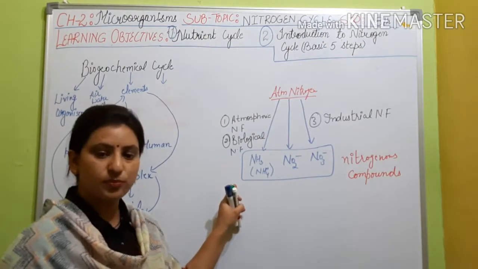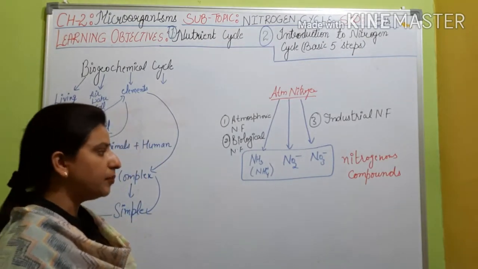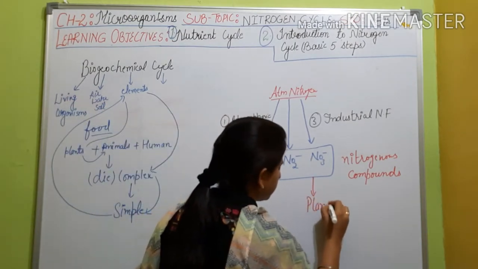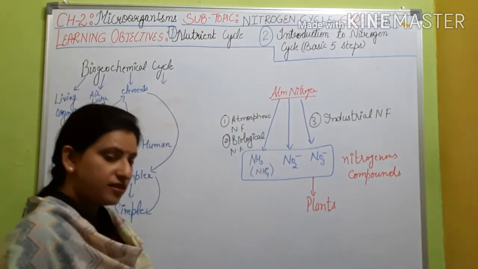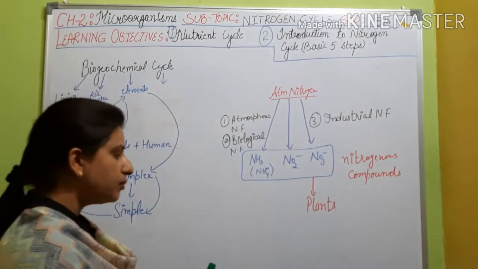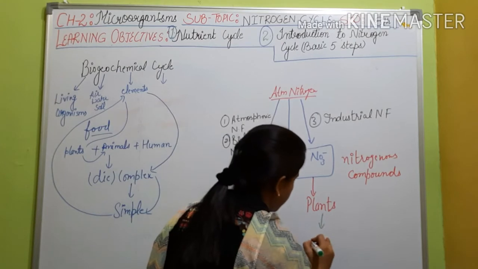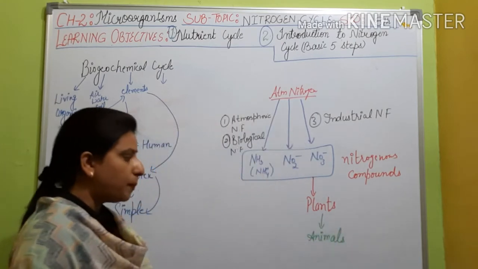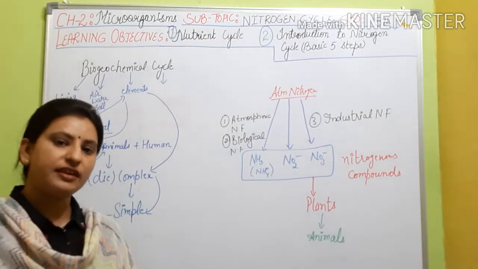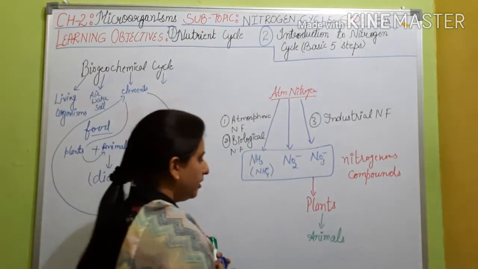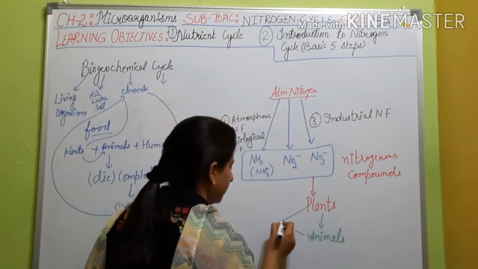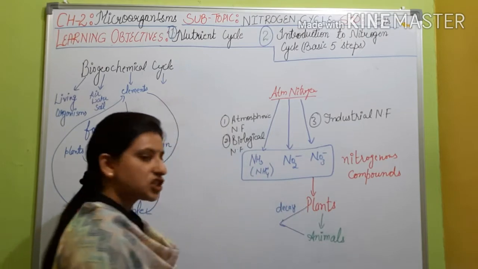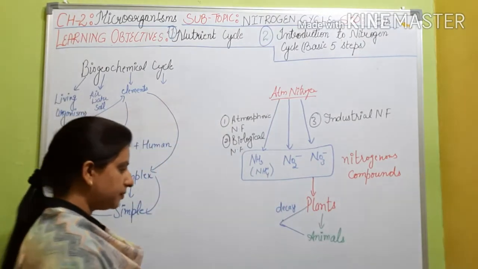Now these nitrogenous compounds are taken up by the plants. Now these plants are eaten by the animals. Plants and animals both, when they die, their bodies decay by the action of microorganisms.